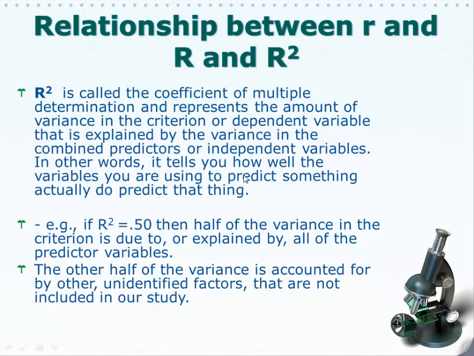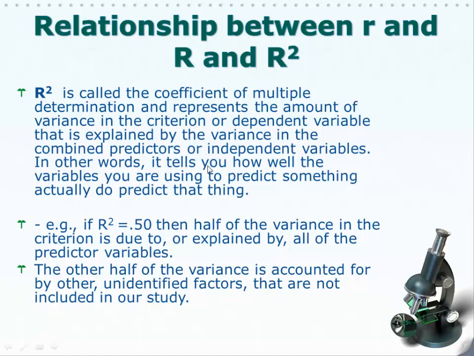An interesting thing happens if you square capital R, you'll see R squared. You'll see that in multiple regression and other regression analyses. It's called the coefficient of multiple determination. What R squared represents is the amount of variance in the criterion variable that is explained by the variance in all the combined predictor variables.